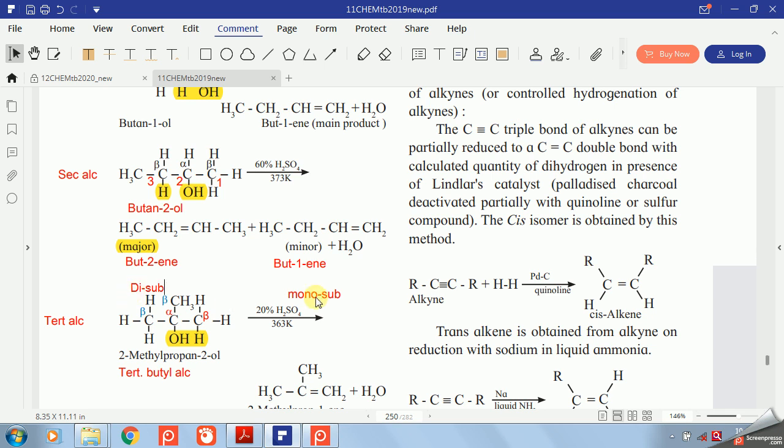So this is the major product because it is more substituted. So I think all of you understood the Saytzeff rule.